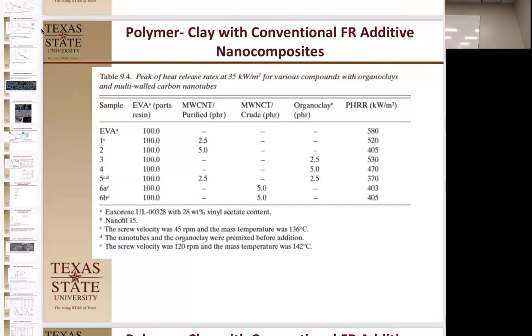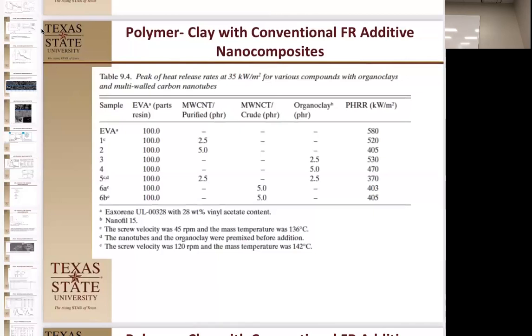Right? Because we're not looking for electrical properties or optical properties. We're looking for them to soak up heat. So maybe the crude will work just as well. And then we have the organoclay one right here. But then we have this one. We have purified and we have organoclay added together, just a little bit of each, just to see what happens.